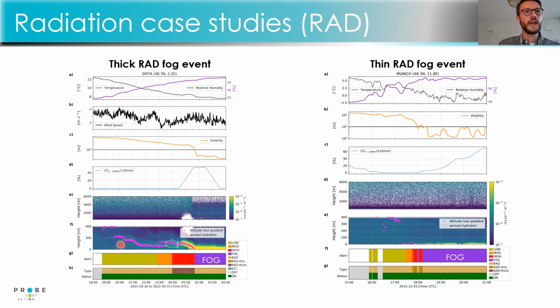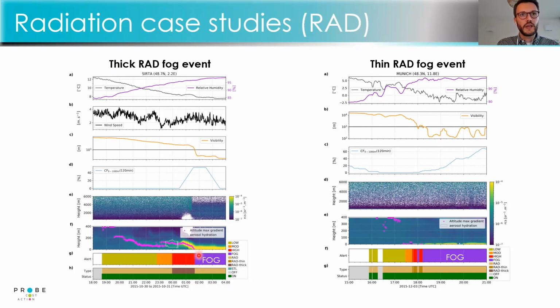You can see the ALC measurement from the bottom to 400 meters above. And you can see that the fog event starts close to 2 a.m. in the morning. So you have the alert that Parafog is able to retrieve on panel G.